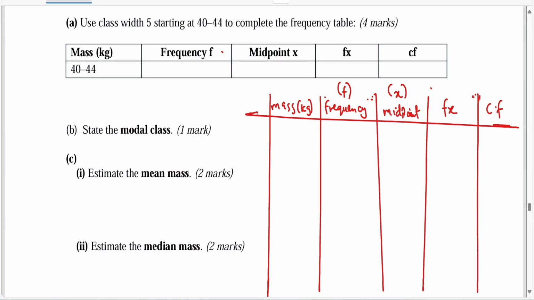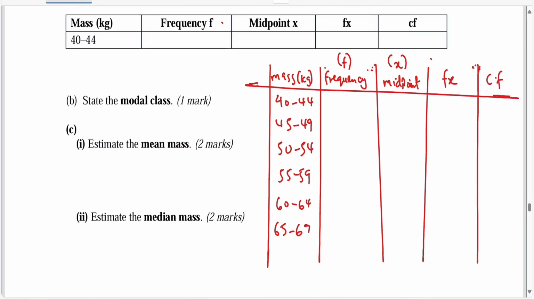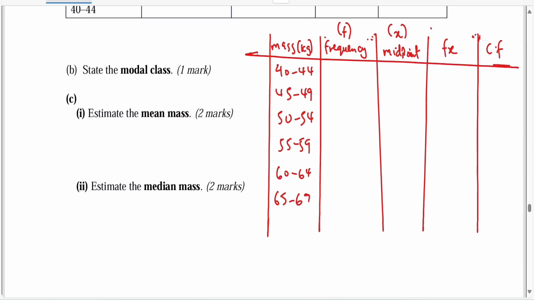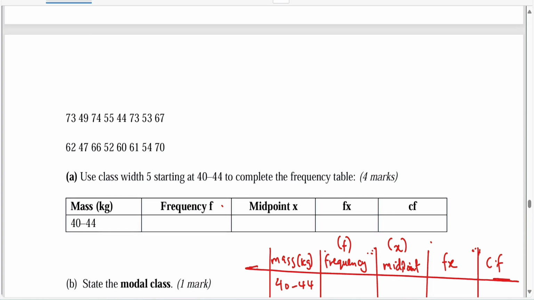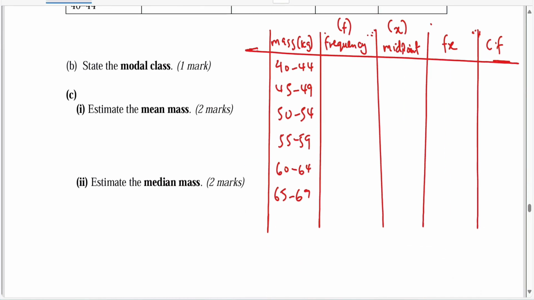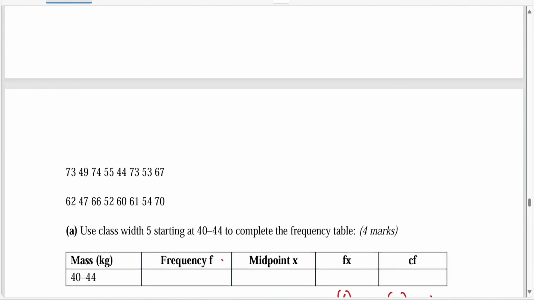So let's start with 40 to 44, then 45 to 49, then 50 to 54, 55 to 59, 60 to 64, 65 to 69. Bado tuendelee. We also have 70 to 74.